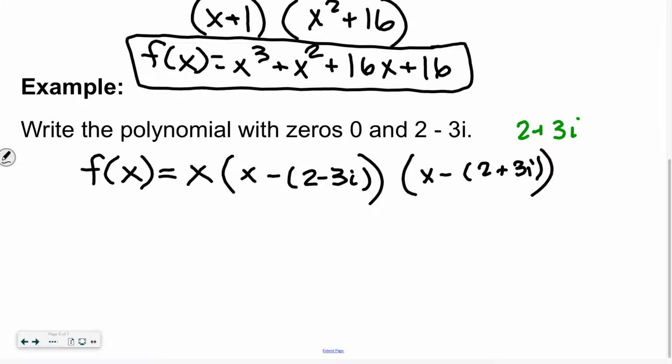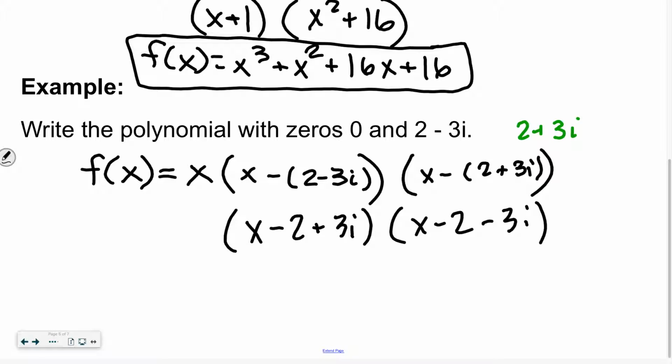Okay, so for my next step I'm going to set up my shortcut. Get rid of these parentheses. So that's going to be x minus 2 plus 3i and x minus 2 minus 3i. They should at this moment have the first two terms look exactly alike.